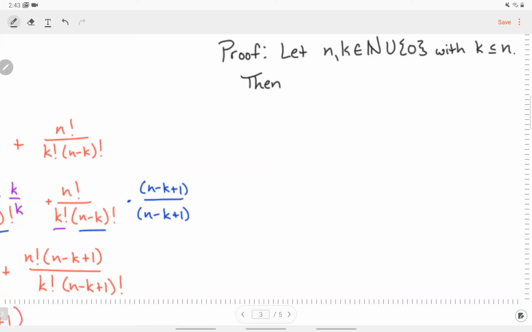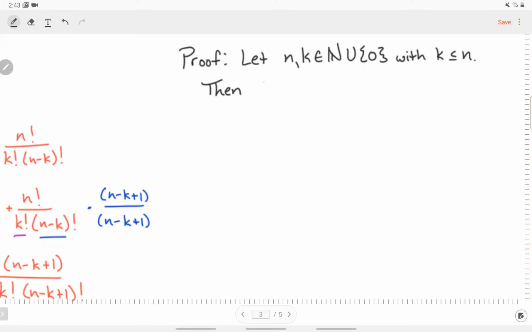I want to start with the right side. So we're going to start with n choose k minus 1 plus n choose k equals. So let's write our first step, which was just using the definition, except I'm going to go ahead and change it to the plus 1.